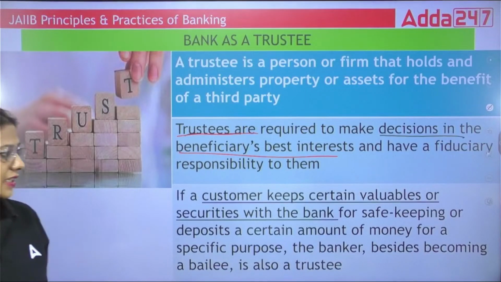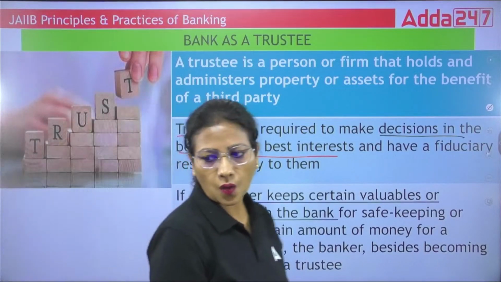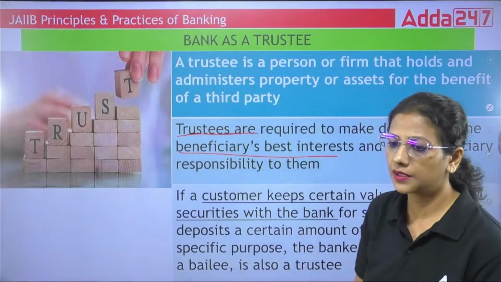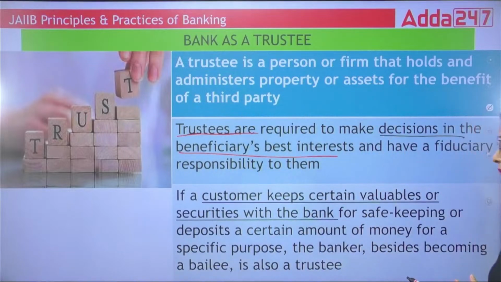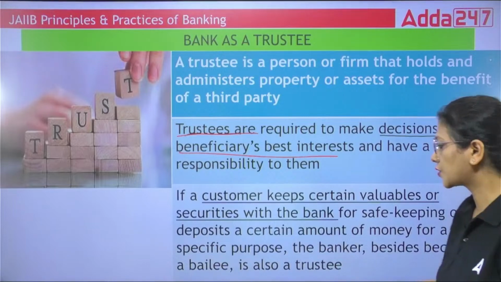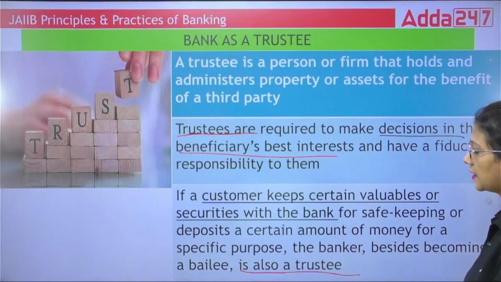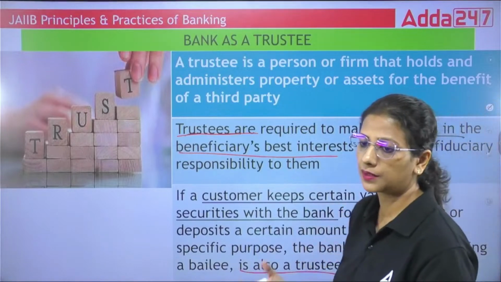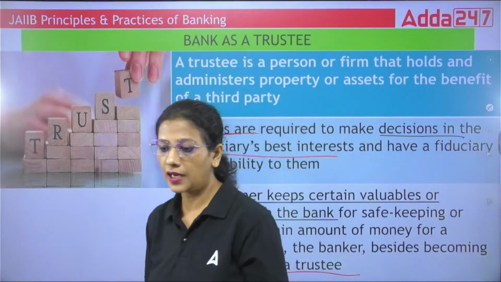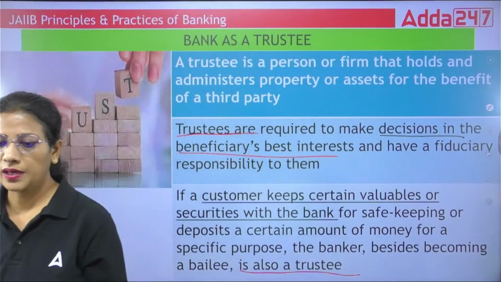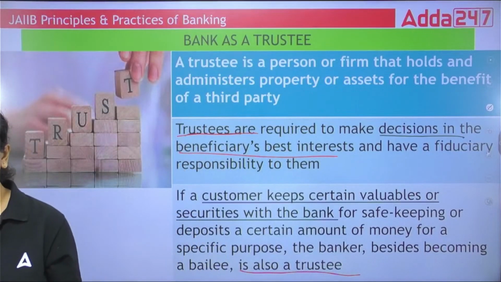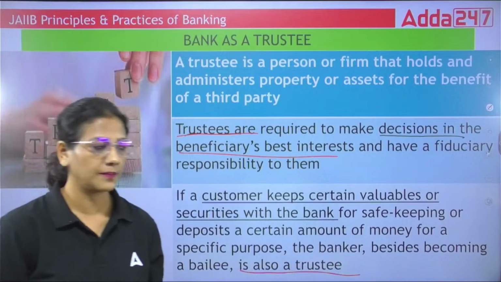If a customer keeps certain valuables or securities with the bank for safekeeping, or deposits a certain amount of money for a specific purpose, the banker, besides becoming a bailee, also becomes a trustee. If the customer has some security which it is keeping with the bank, then in that particular case, the bank will not only become the bailee, it will also become the trustee.